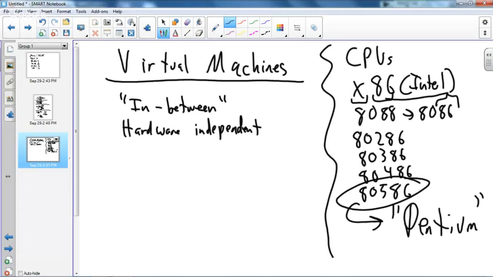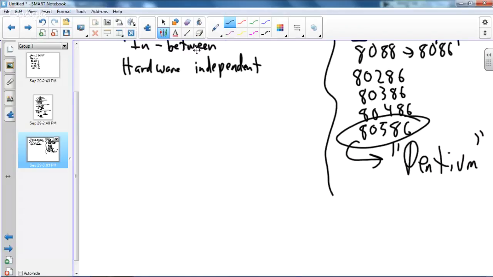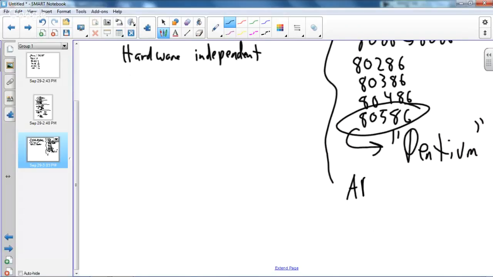So Intel's the first major family. Is the other family ARM? ARM is the other. ARM is not typically found in PCs. But if it's not a PC and it's a computer, you better believe it's running an ARM chip.